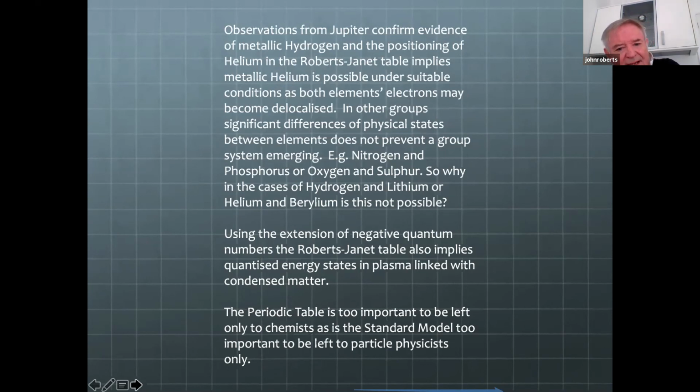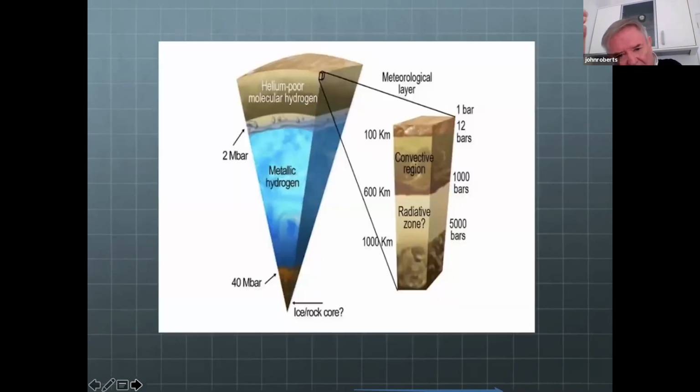Using the extension of negative quantum numbers, the Roberts-Janet table also implies quantized energy states in plasma linked with condensed matter. If you give me the next slide, I just want to show you the evidence. This has come from results from NASA, where they've established that this central part of the core of Jupiter is metallic hydrogen, and these are the raindrops where, in the liquid state, there's a transition from molecular hydrogen into metallic hydrogen.